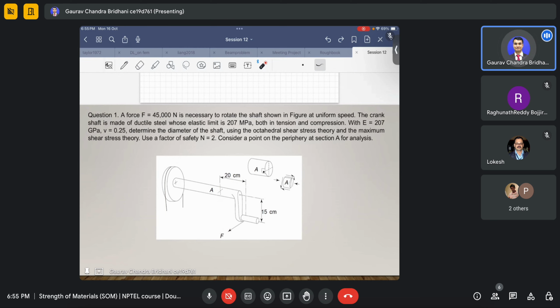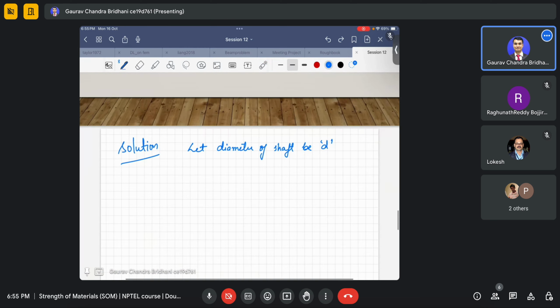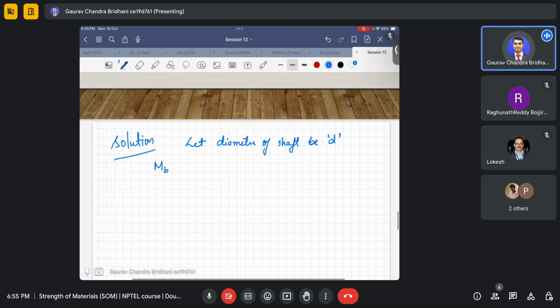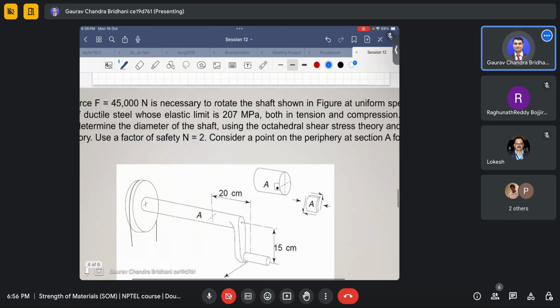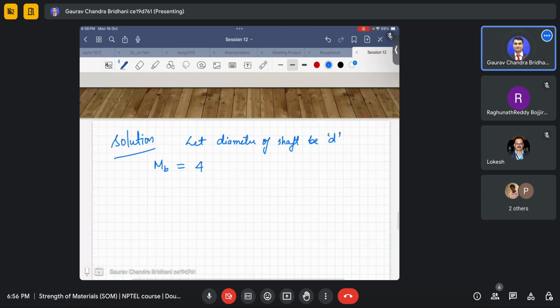So the bending moment MB will be, force is 45,000 Newton, multiplied by 20. 20 is in centimeter, so I'll divide it by 100 to be in meters. So this will come out to be 9,000 Newton meter, correct? Or 9 kilonewton meter.